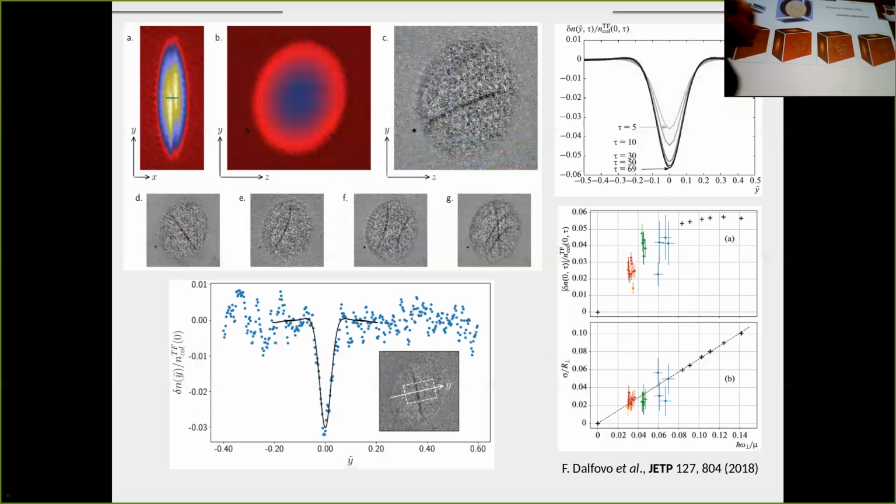Okay, so from images like this, we can, for instance, make a quantitative characterization of the size of the nodal line. This is something new that was not done before.